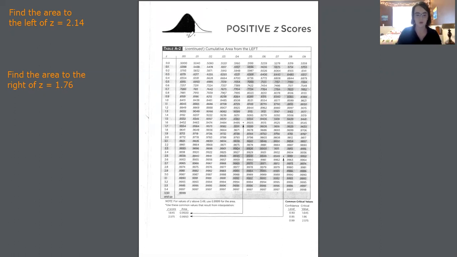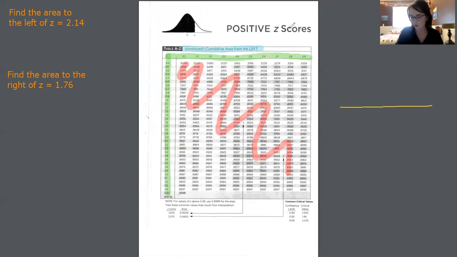First, this table uses z-values, which go down and across. Both of those go to z-scores, and it tells us area. The important note about this table is that it always gives the area to the left of the value.